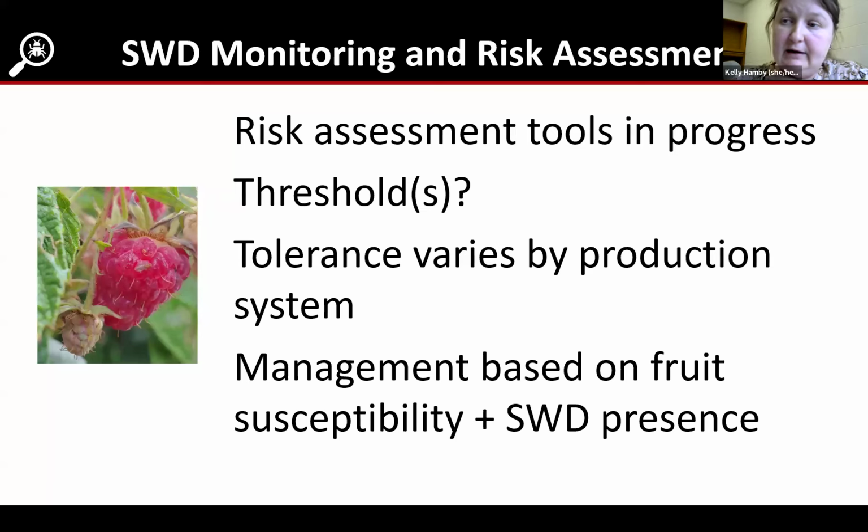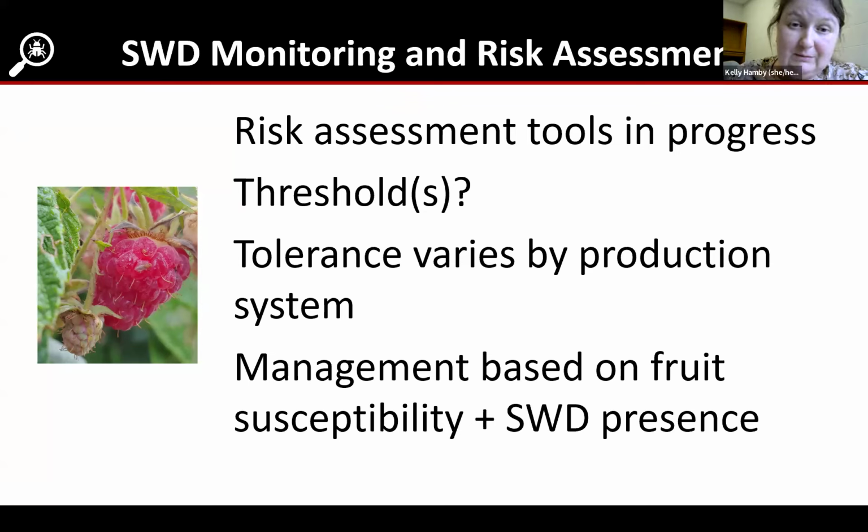So in terms of monitoring and risk assessment, there are other risk assessment tools incorporating weather and the likelihood of them being out that are in progress. We do not currently have threshold recommendations. As I mentioned, if you have susceptible fruit and spotted wing Drosophila active, that's kind of a good judge.